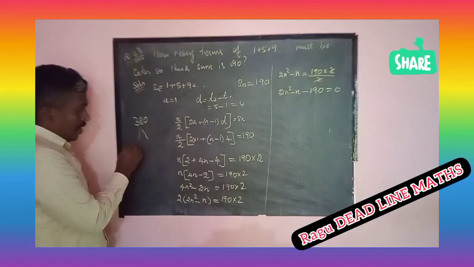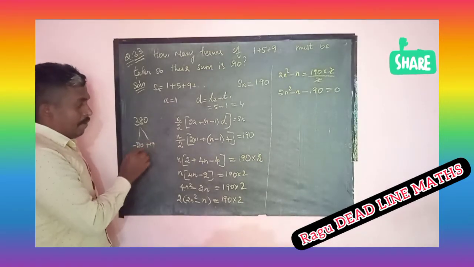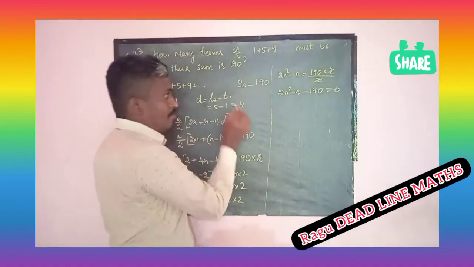So the factors are minus 20 and plus 19. If you multiply these two values, you get 380, so we can substitute them.